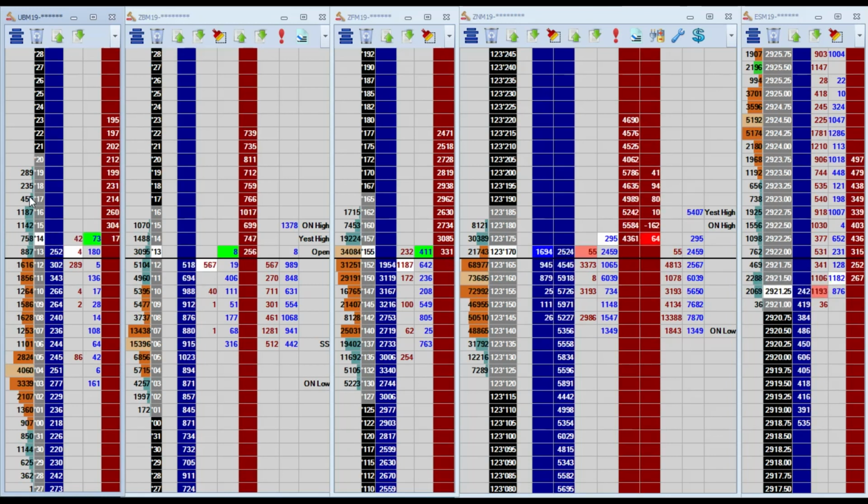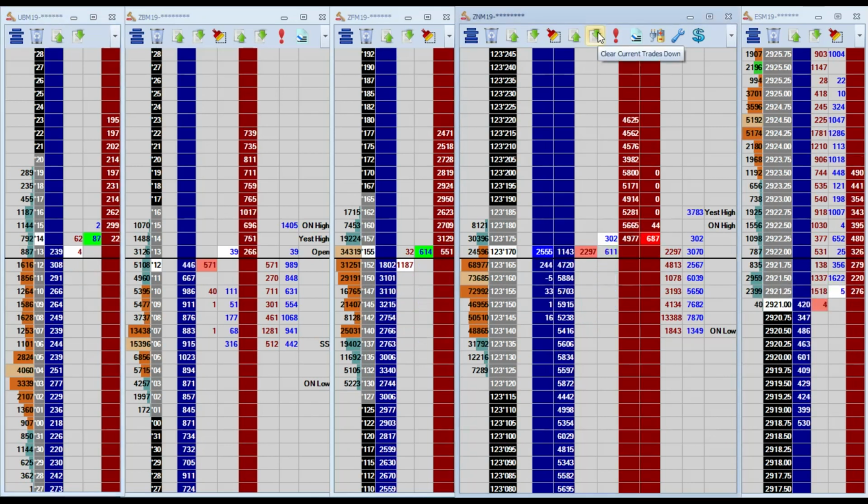So we'll see what happens here. Maybe cash open is going to interject a little bit of life to the markets. But as of right now, we're just going to clean everything up.